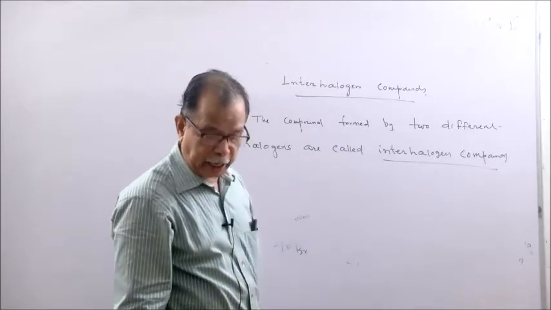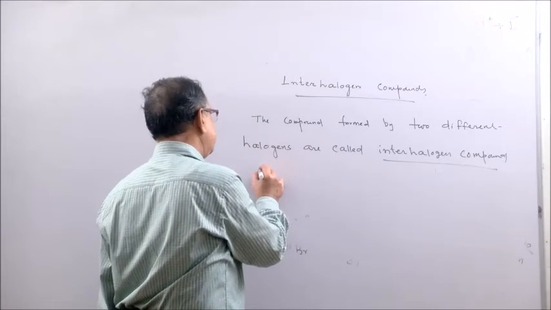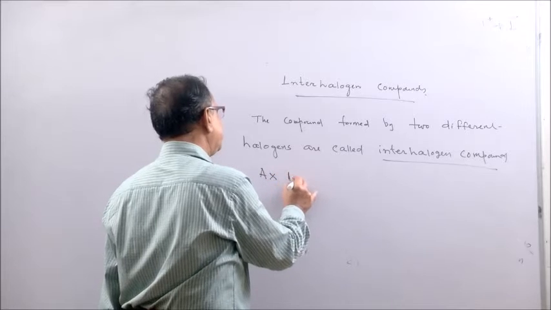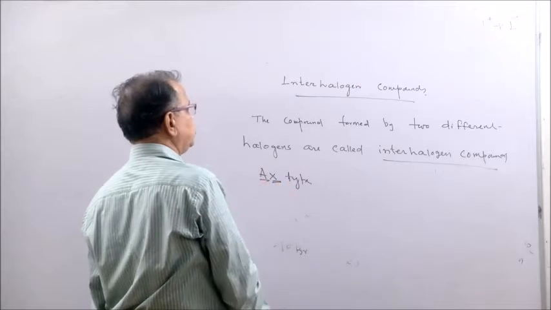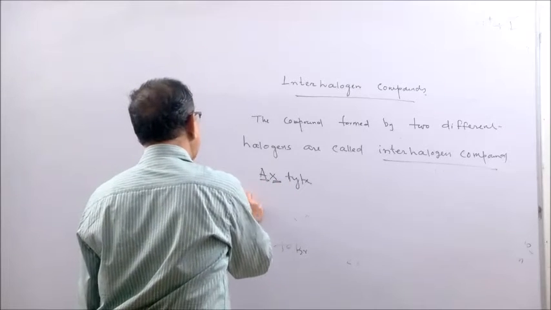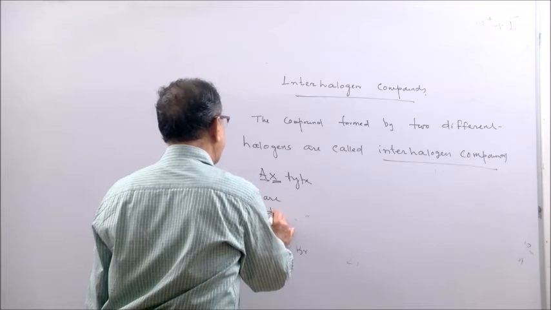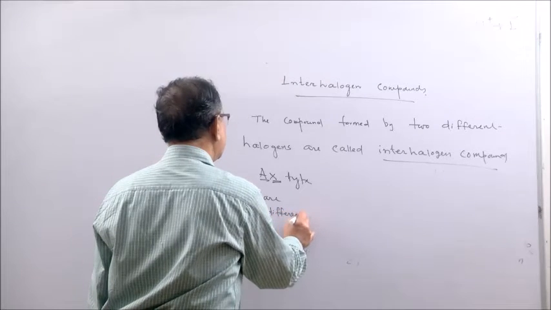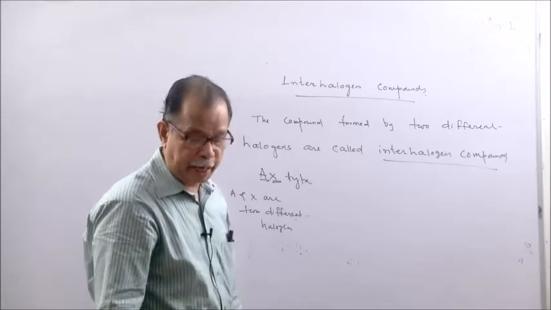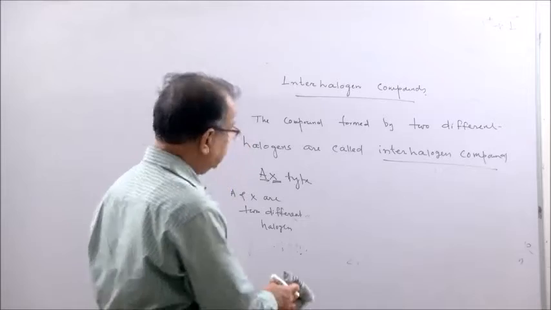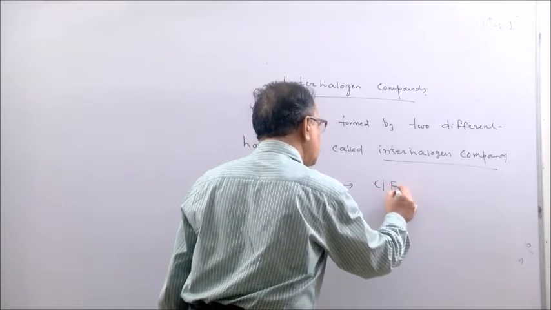These are the interhalogen compounds. The types are AX type, where A and X are two different halogens. For the AX type we may write ClF, BrF.